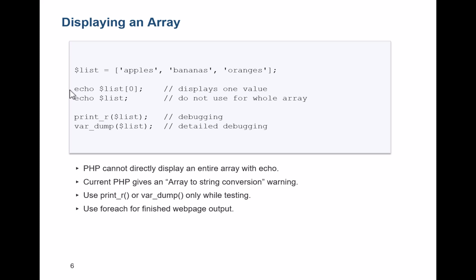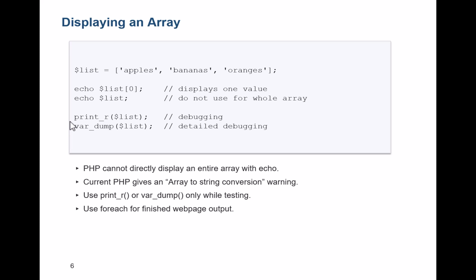We can use echo to display one value from an array. However, we should not use echo to display the entire array. PHP cannot directly convert an entire array into a normal string. In current PHP versions, attempting to do this produces an array to string conversion warning.